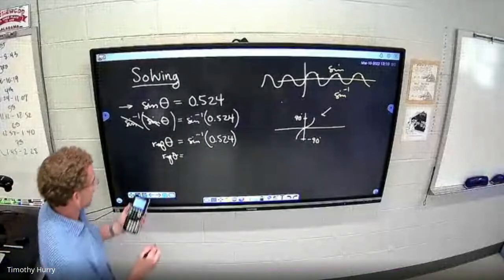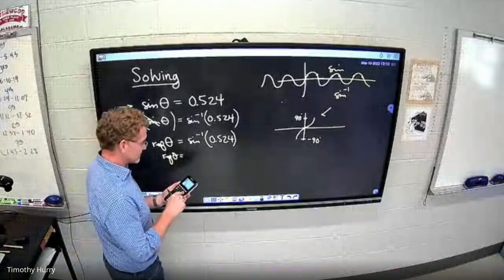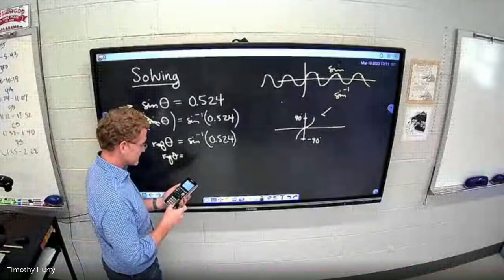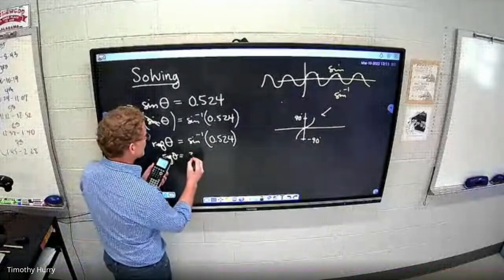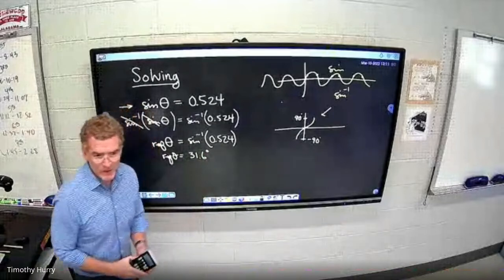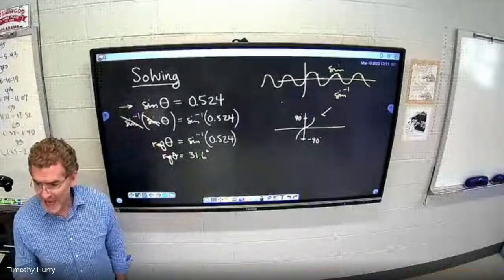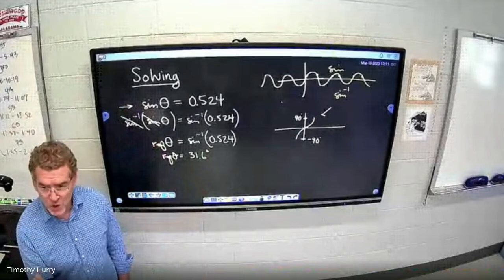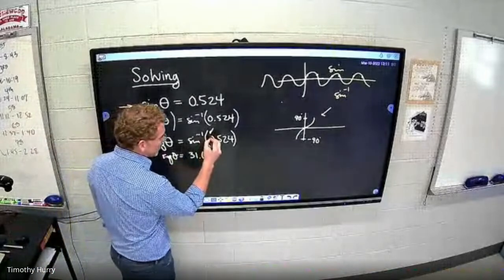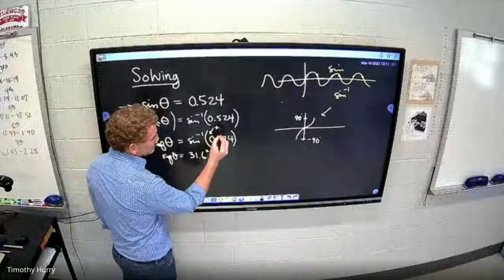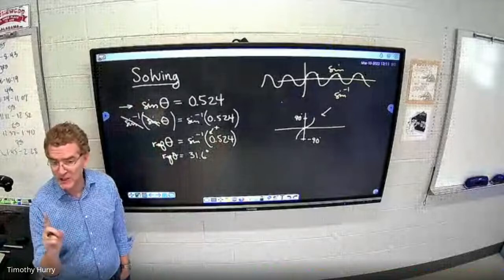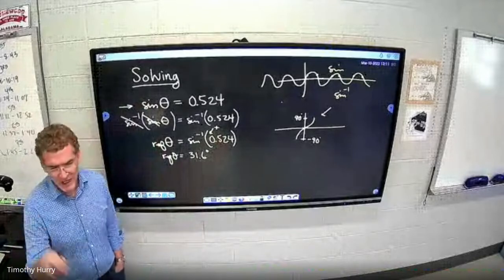And when you do that, it should spit out 31, and we're going to round just to the tenths. Did everybody get 31.6 degrees? Now, by the way, to ensure that it's a reference angle, if this right here were negative, we always make it positive. Always. That makes it a reference angle, and you're going to like that. And we'll talk about it later.